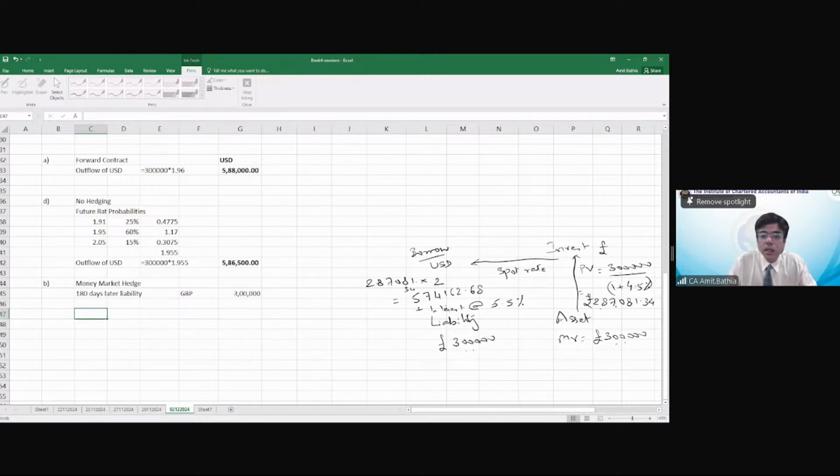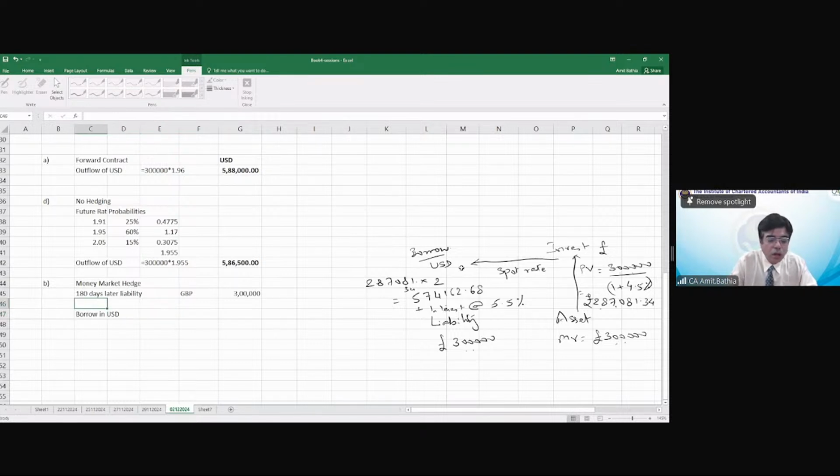Do I need to go in the reverse way right now? I've already done that over here. So I can directly start with, I'm going to borrow in USD. How much do I need to borrow in USD? At the $2 spot rate. So how did I go about getting that?